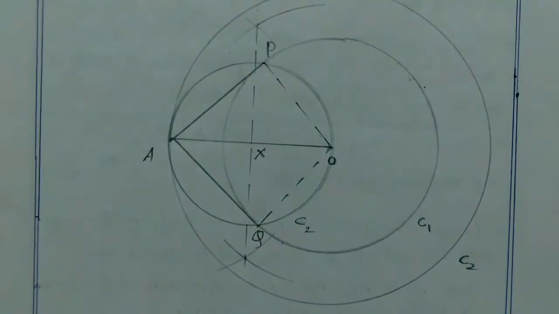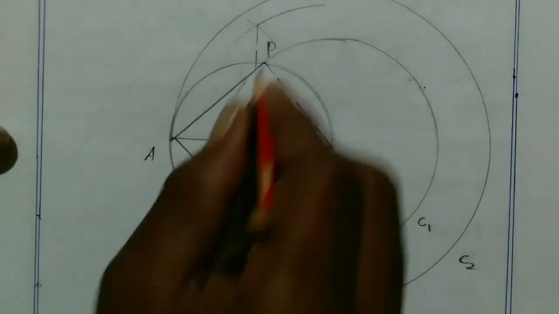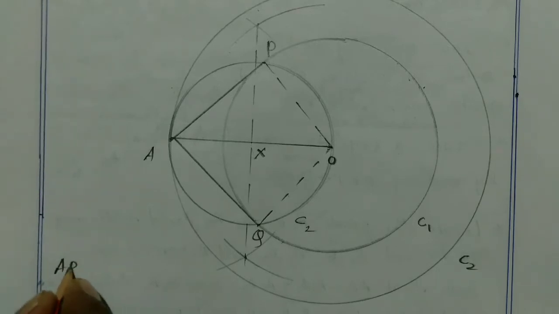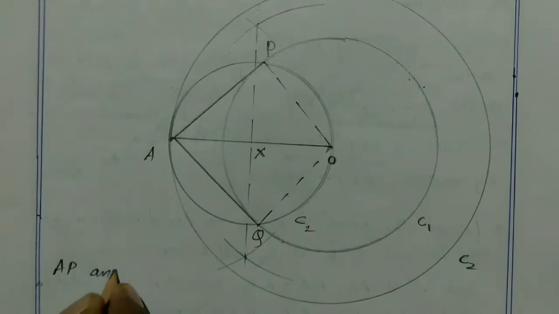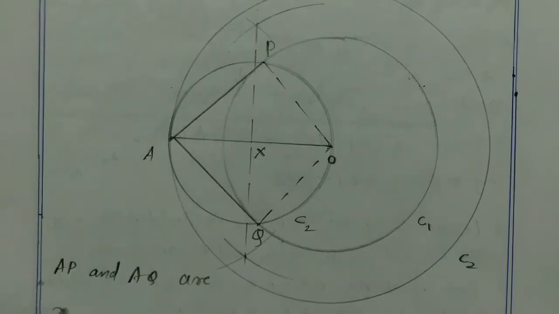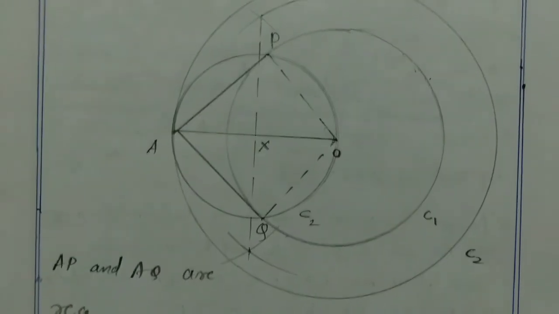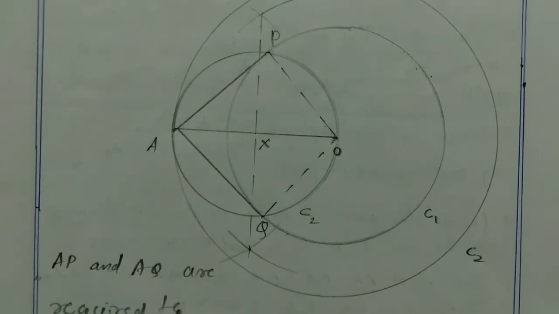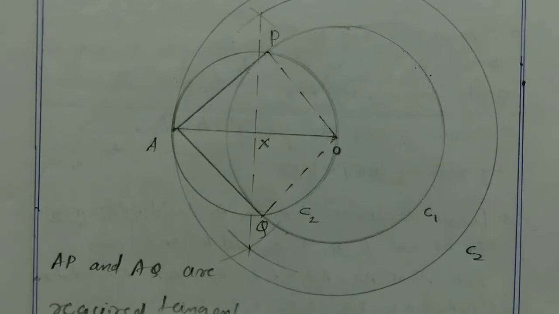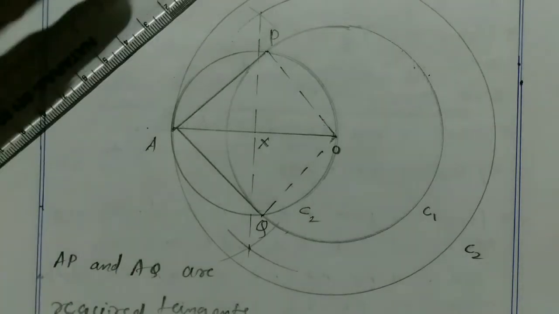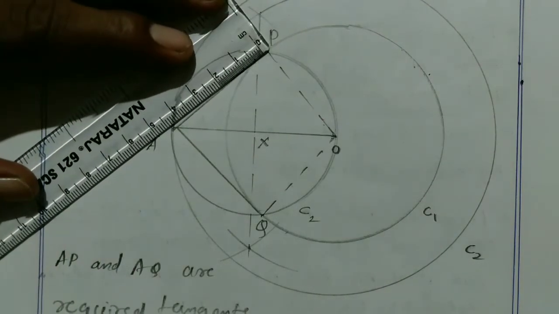So in this figure AP and AQ are the required tangents. So you can write AP and AQ are the required tangents. Okay, next you can measure the tangents' length. So I will measure the tangent length, that is AP.